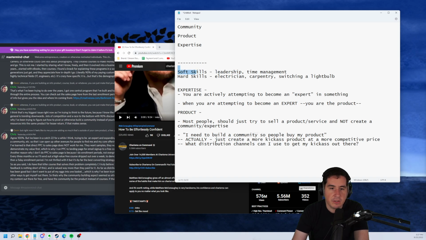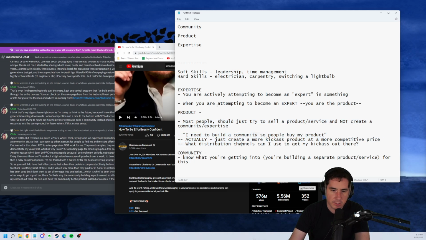And in soft skills, I think that makes sense. Just understand with the community aspect of it, know what you're getting into, right? Because you are really building a separate product or service for this. You're literally building a totally separate thing. Your objective with the community is going to be different from your product and different from expertise.